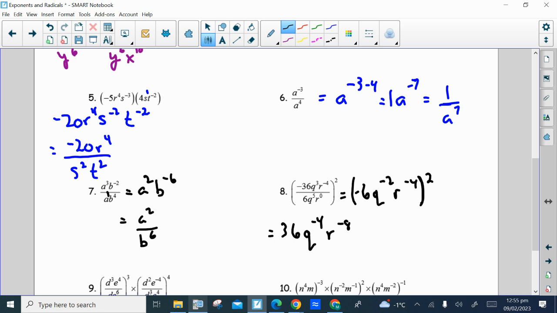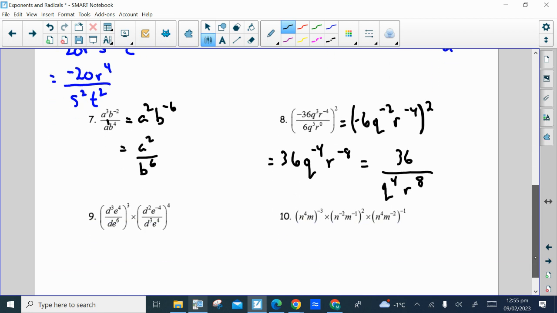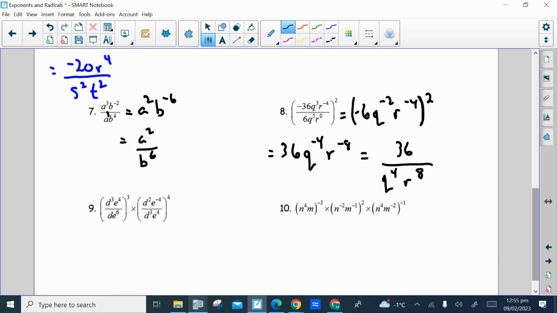Why not? How do you make those negative exponents positive? Put them on the bottom. So the q will move to the bottom and become a positive exponent. Same as the r, it moves to the bottom and becomes a positive exponent. Now we're done. Okay?